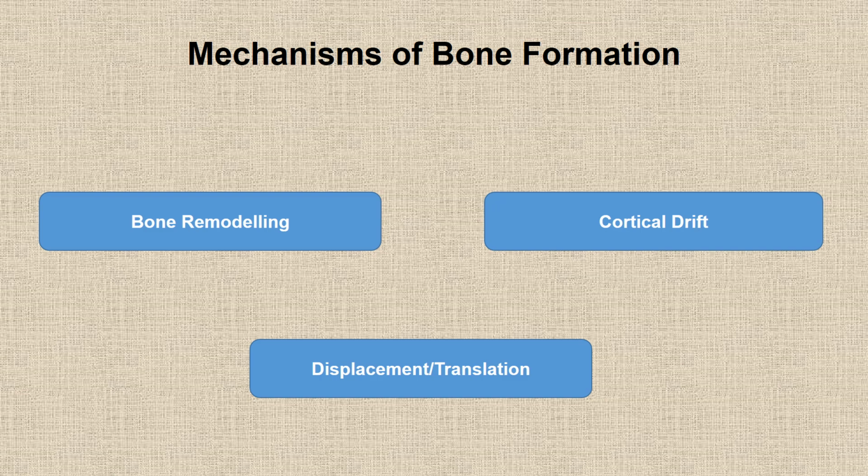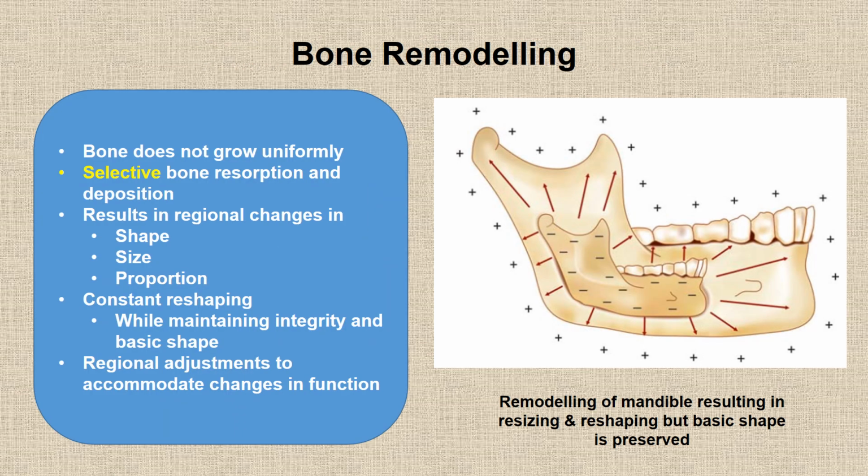Now, what are the mechanisms of bone formation? We have three processes: bone remodeling, cortical drift, and displacement or translation. Now, bone does not grow uniformly, and usually there is selective bone resorption and deposition.